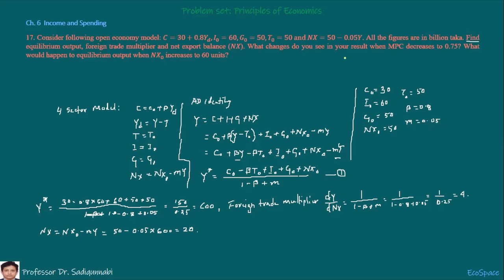What changes do you see in your result when MPC equals 0.75? So let's do it here.